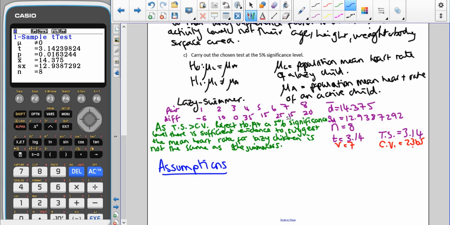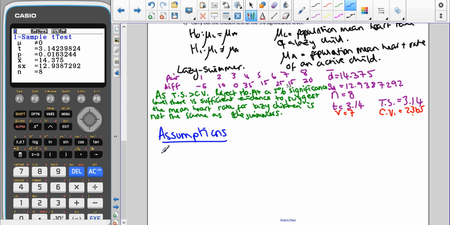first of all, that the swimmers are a random sample, which is fine, that's the same as what we usually have. But then we have 2 options for the way that we write our second assumption.